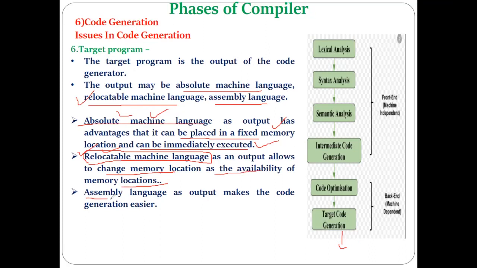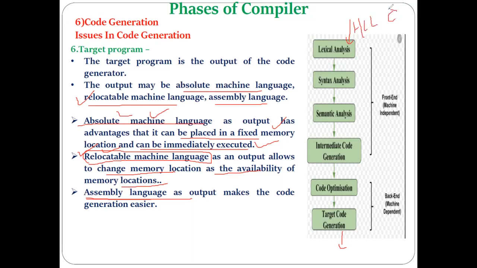Okay. And if the target code which is generated is assembly language, then again it has to be converted into the binary form by the assembler. Here the input which we have given is in the form of a higher level language, for example C language.